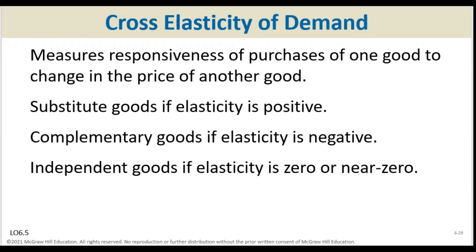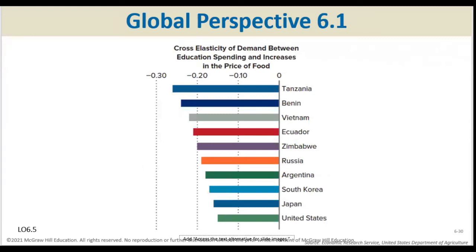If the goods are complements, they will have a negative cross elasticity of demand for the same reason. If they are complements, the price change of one will inversely impact the quantity of the other one. They are both going to move in opposite directions. This global perspective chart demonstrates the cross elasticity of demand between education spending and increases in the price of food among selected nations.